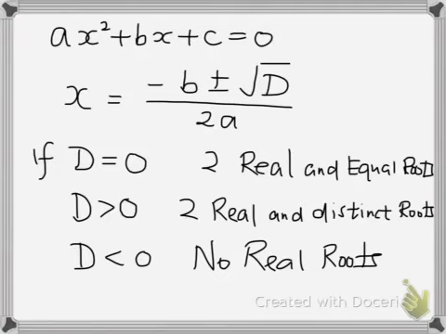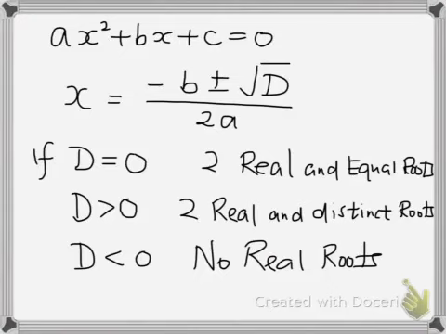Alright, so these will be the 3 scenarios of how the roots can behave. Either the discriminant is equal to 0, then you have 2 real and equal roots.